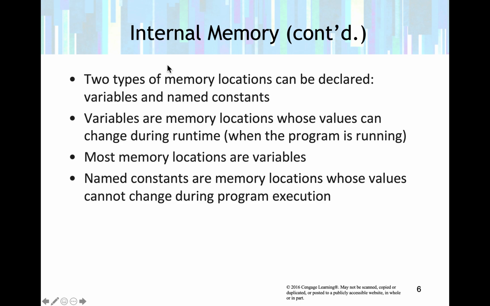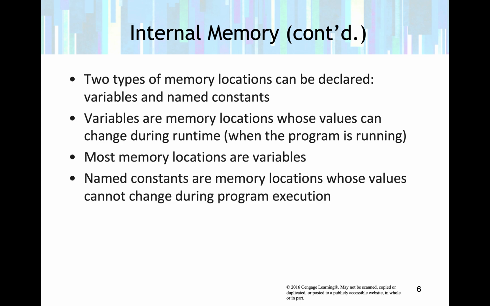So like we said earlier, there's two types of memory locations that can be declared, either a variable or a constant. And if you have math, you've heard of both of these. Variables are memory locations whose values can change during runtime. So when the program is running, you can change the memory location. Think of a video game, right?